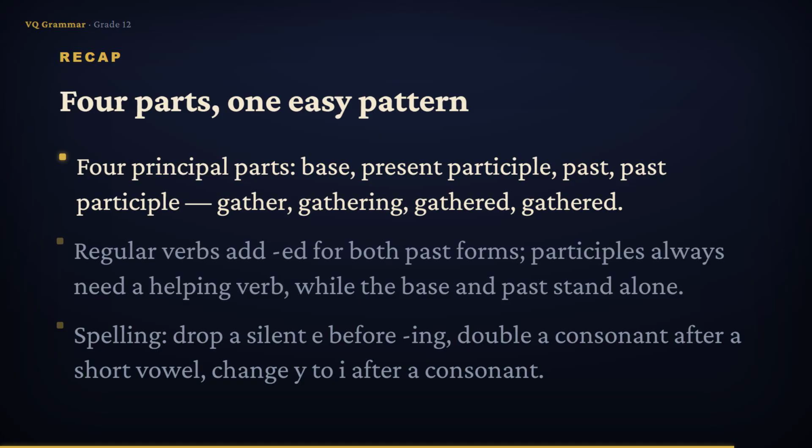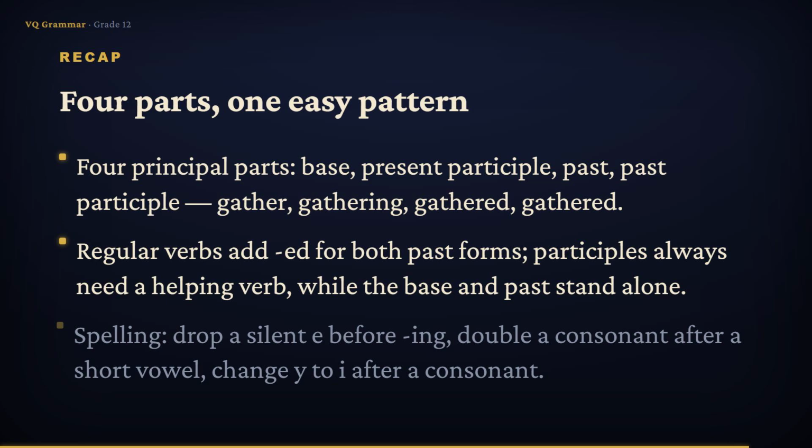First, every verb has 4 principal parts: the base, the present participle, the past, and the past participle. Gather, gathering, gathered, gathered. Second, a regular verb is the easy kind. It builds both its past and its past participle by adding ed, so those 2 forms match perfectly.